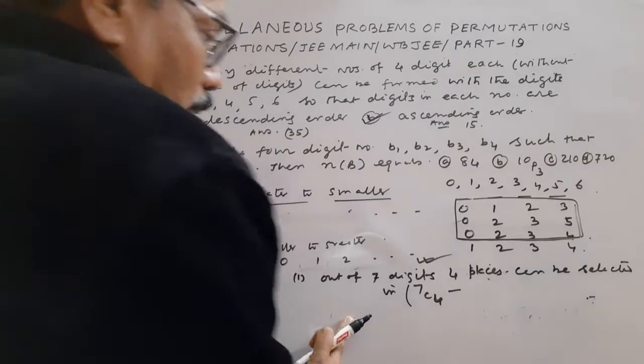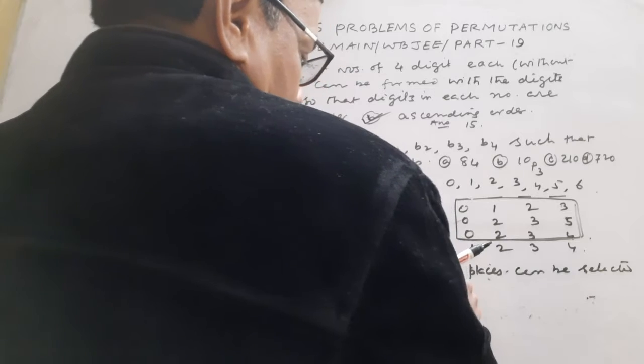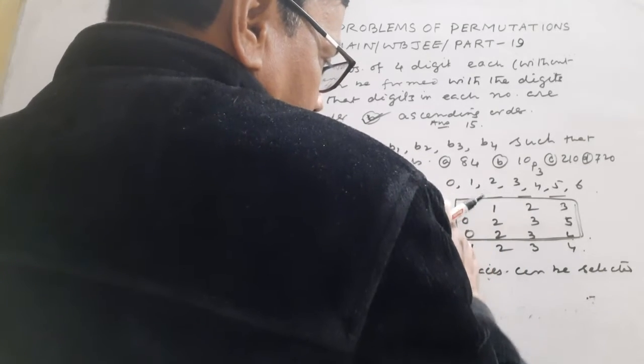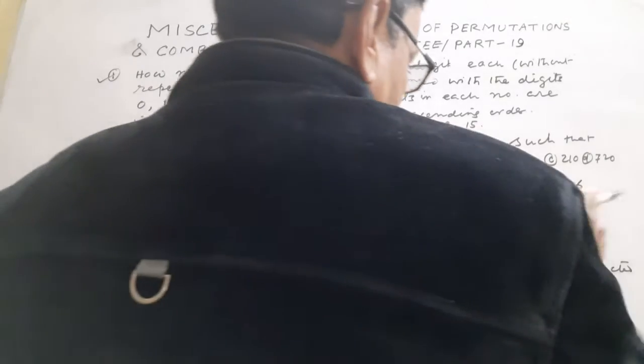So if you take 0 at the first place, how many numbers remain? 6, and the remaining places are 3.